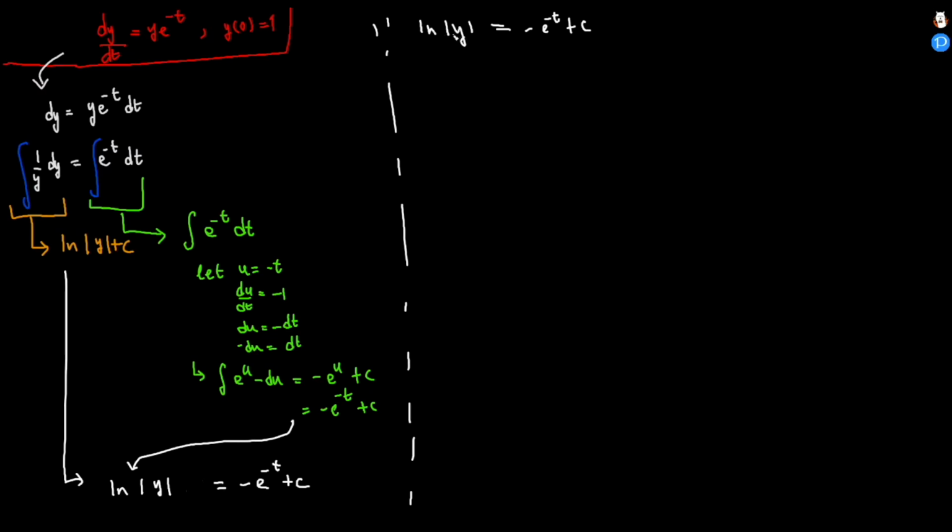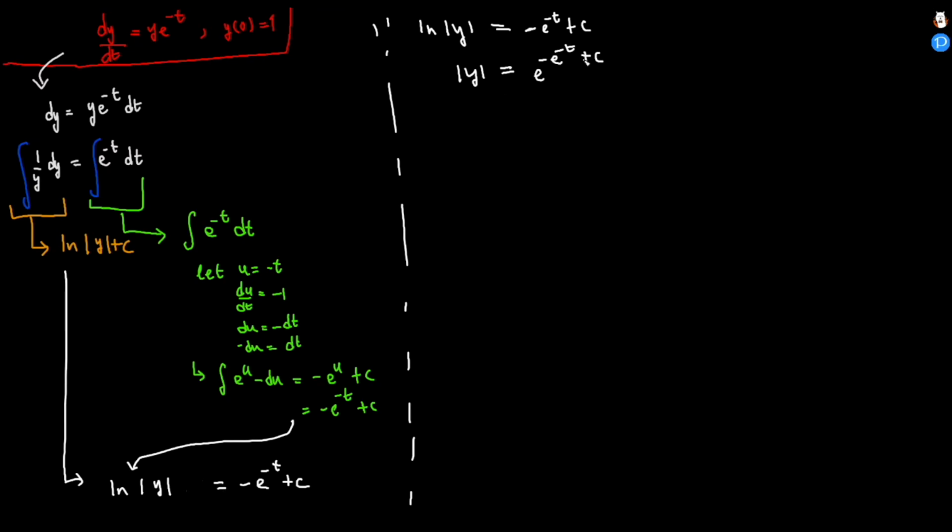Now, we're trying to solve for y. So we can take the exponent of both sides, which gives us the absolute value of y equals e to the minus e to the minus t plus c.